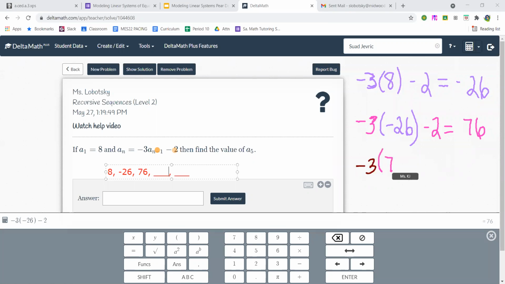And we keep going. -3 now times my previous term, 76. -3 times 76, subtract 2. We get -230.